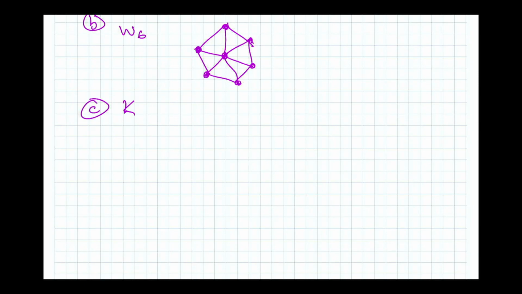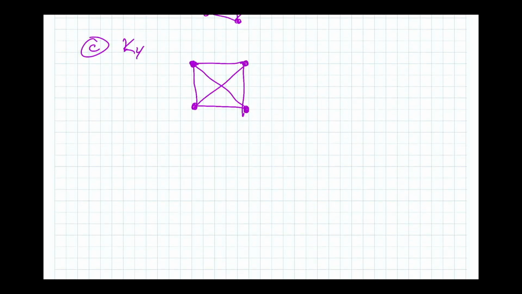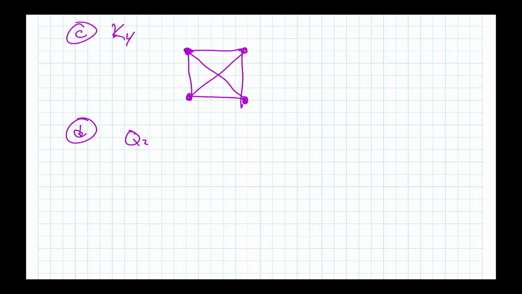C is K4. K4 is the complete graph with 4 vertices. So 1, 2, 3, 4, and then every vertex is connected to every other vertex. So like that. D is Q3.